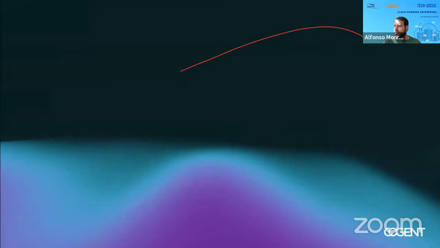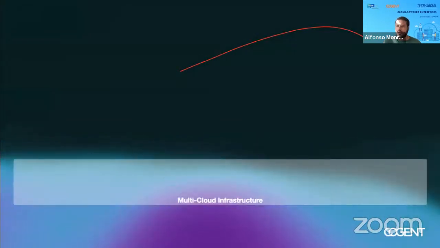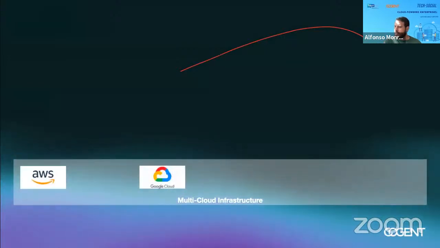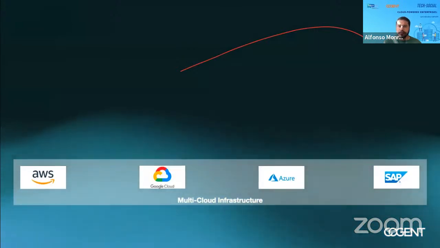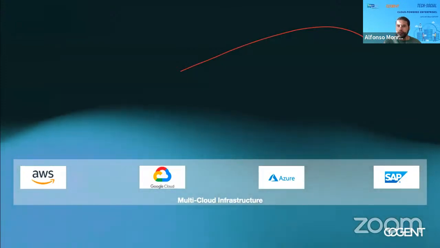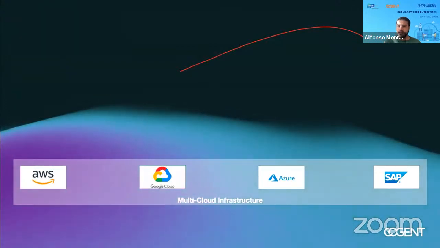So how does BTP work? First we have the infrastructure. SAP uses the big three cloud providers, AWS, Google Cloud, and Microsoft Azure, and a couple of data centers owned by SAP.